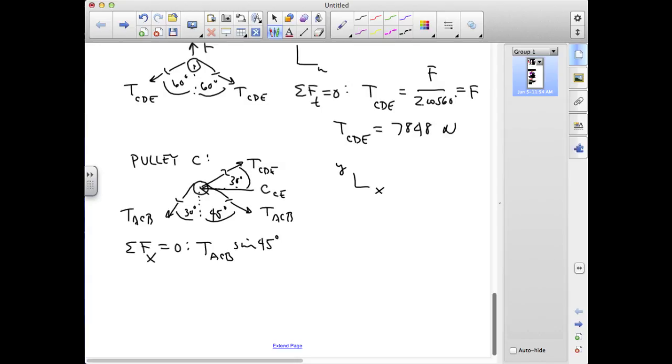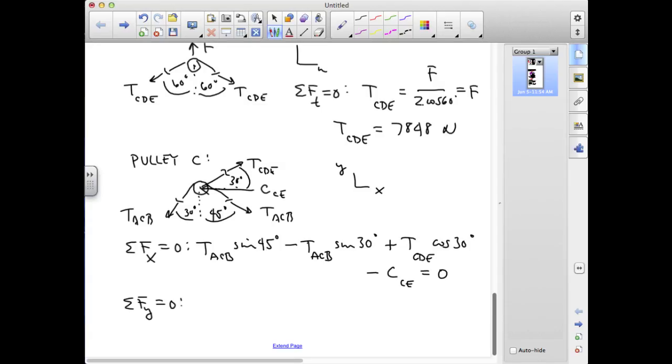I have T_ACB sine 45 degrees, and then in the minus x direction, I've got T_ACB sine of 30 degrees. I've got plus T_CDE now cosine 30 degrees, since that angle is defined off the horizontal, and then minus the compression in CE equals 0.